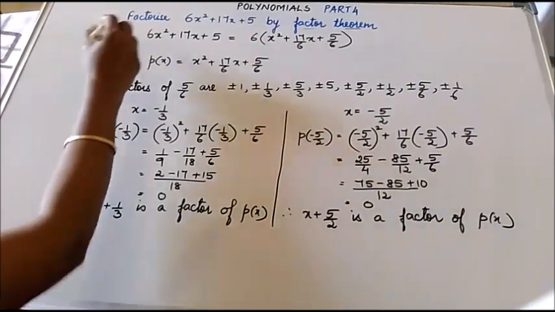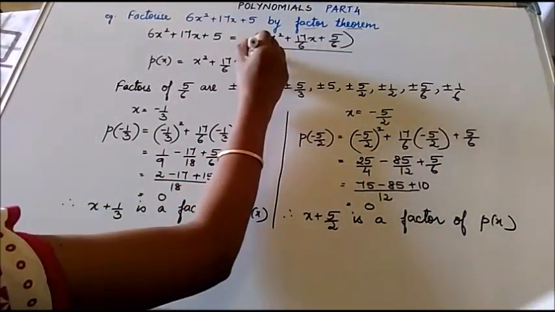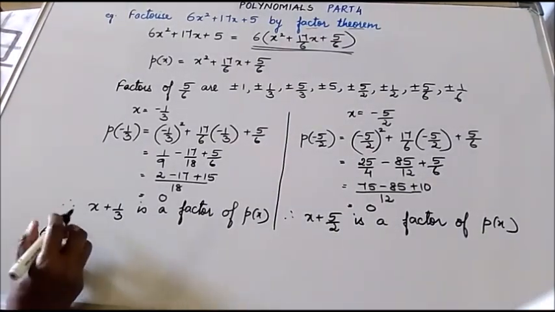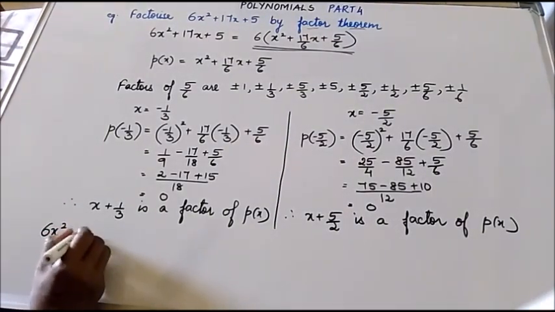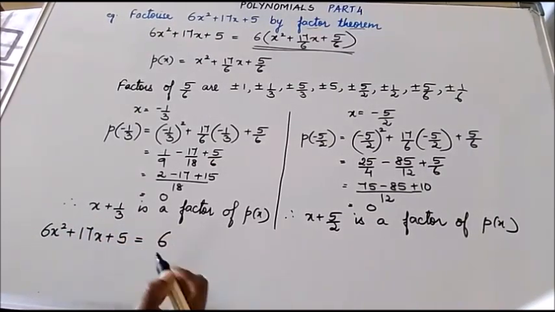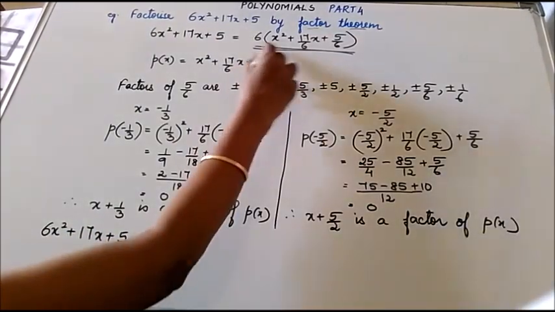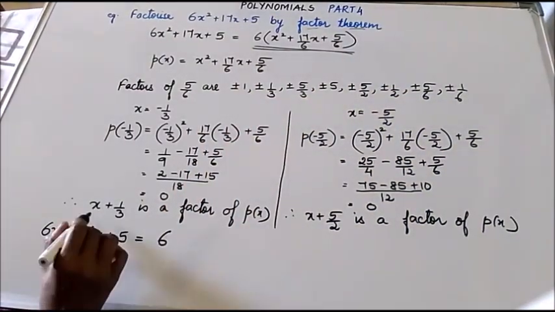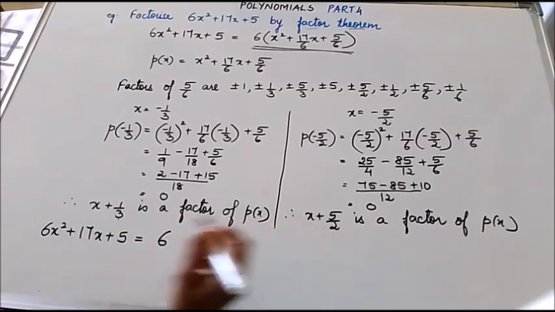Now, let us substitute in this part. We got here 6x squared plus 17x plus 5 is equal to 6 times (x squared plus 17 by 6 x plus 5 by 6). Now, what are the factors of x squared plus 17 by 6 x plus 5 by 6? It was x plus 1 by 3 and x plus 5 by 2.